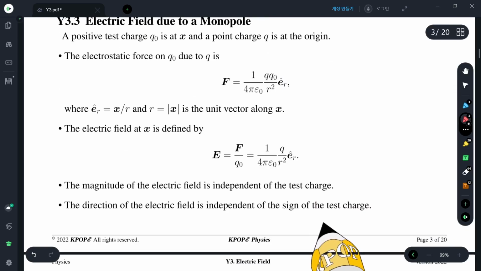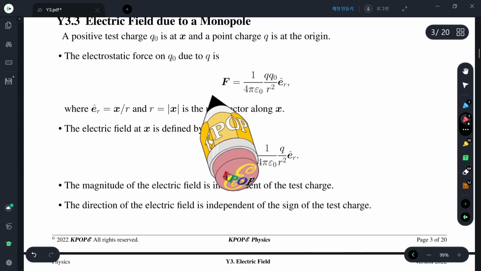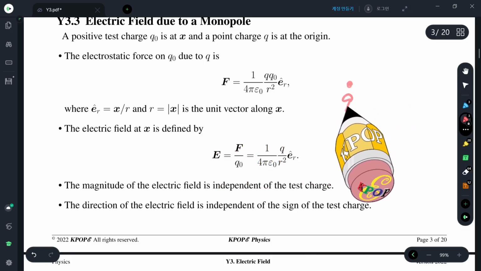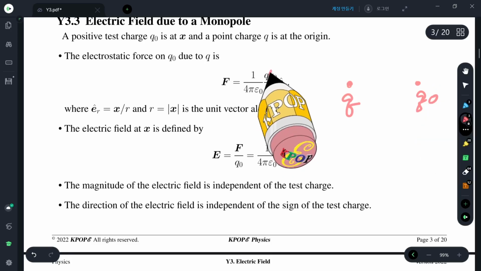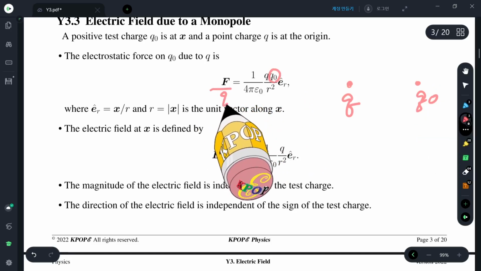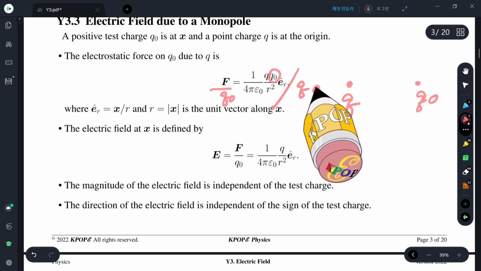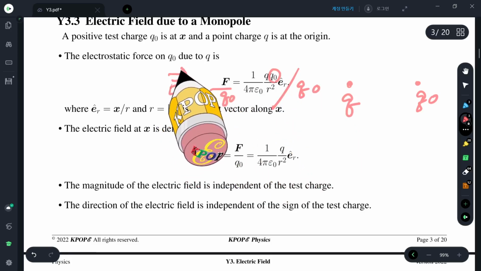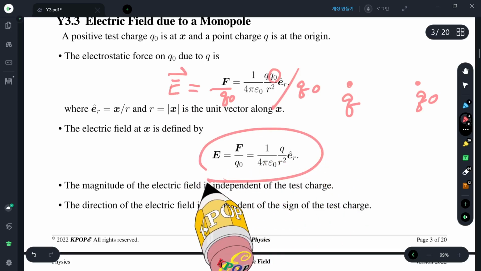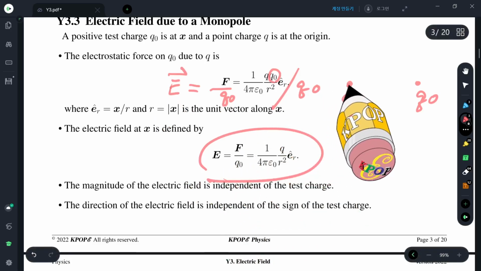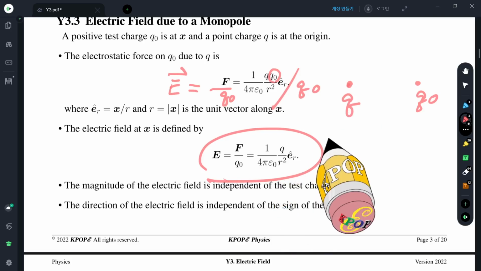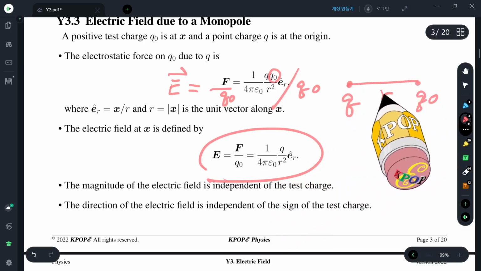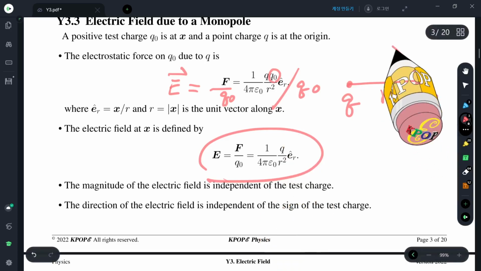Electric field due to a monopole. This is the electrostatic force between the charge Q and test charge Q0. If we remove this Q0 by dividing both sides by Q0, then you obtain the electric field. If you choose the origin to be the place where this source charge Q is placed, then this r is the distance, and we can draw a sphere.